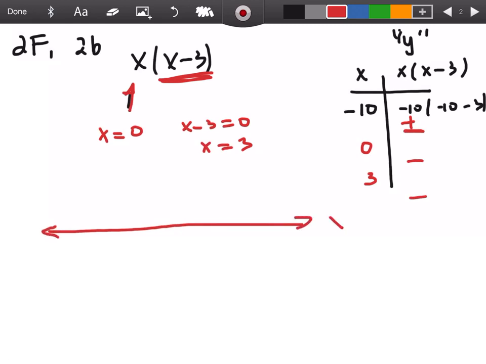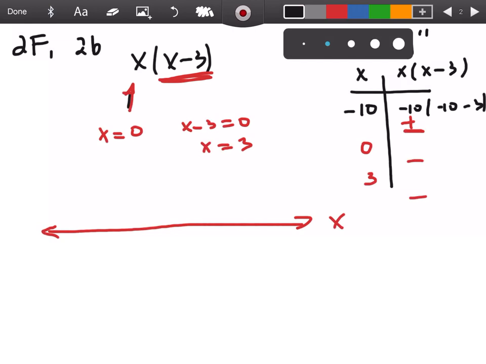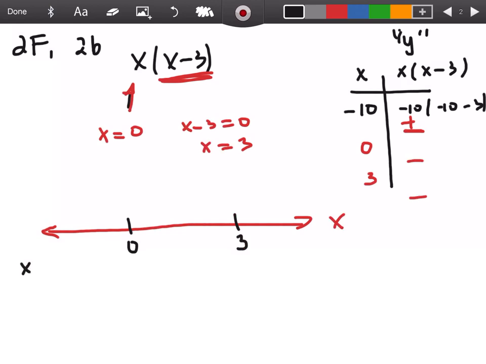You write the x-axis, and the first thing you do is put in your two 0 points: when x is 0, and when x is 3. This one's pretty simple, so I'm not going to write out each function and chart what's happening and then what happens when you multiply them. I think we can just do it in our mind.